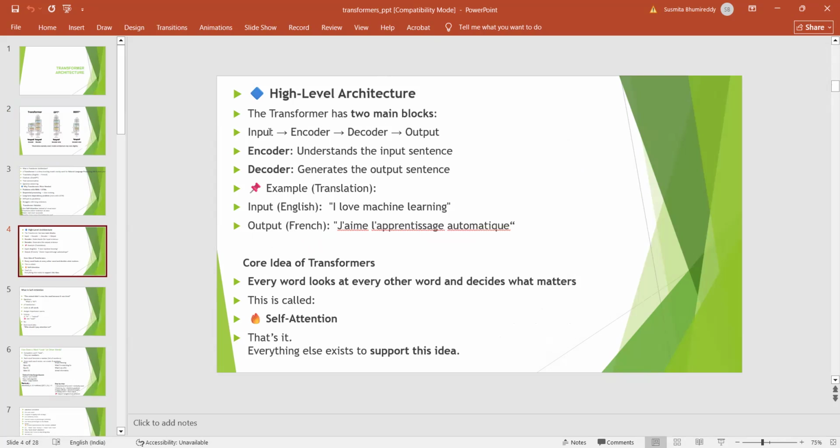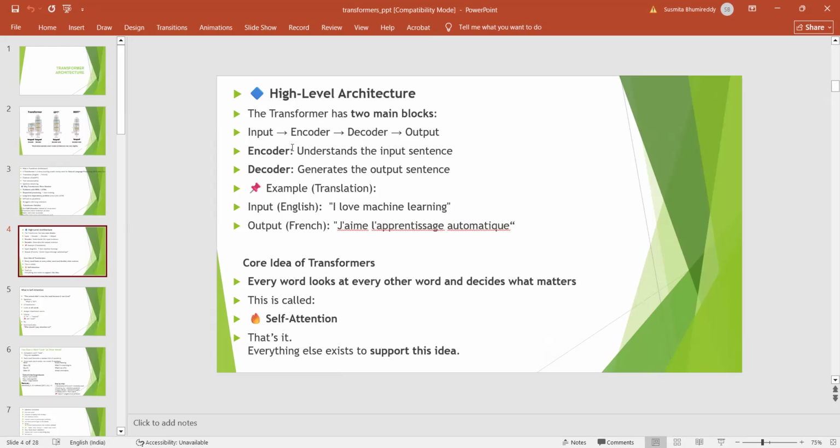In this architecture, at first we'll take an input, a sentence, and then we'll do the encoder for that input, and then we'll do the decoder. Then we'll get the output. So we have taken this input, and we are doing this encoder, decoder, and generating the output. So what is this encoder and what is this decoder here?